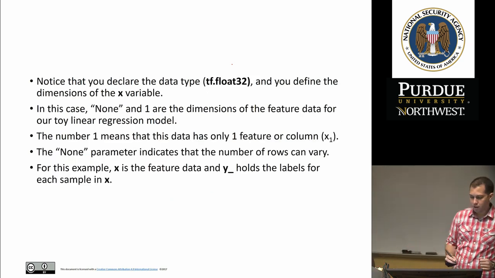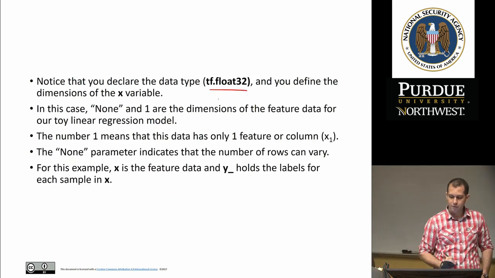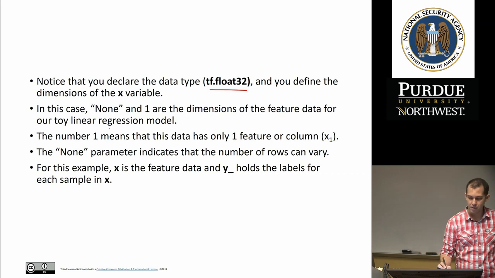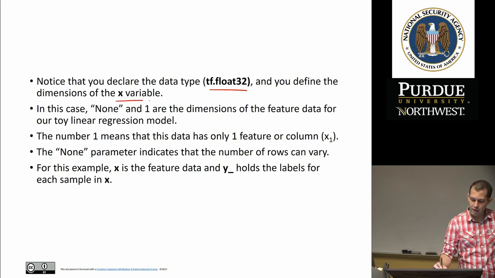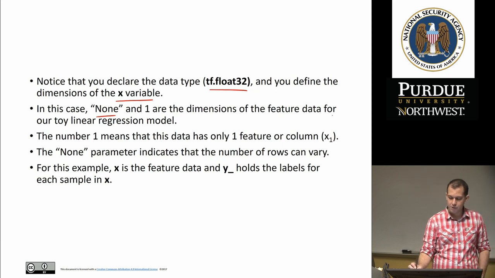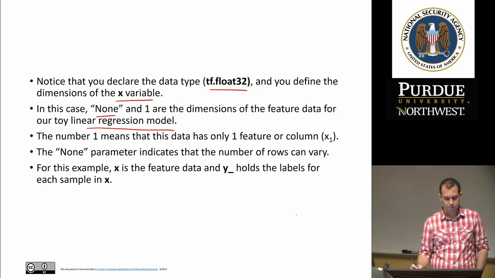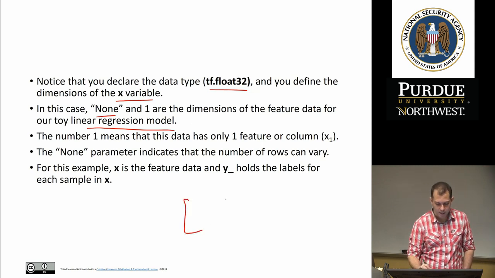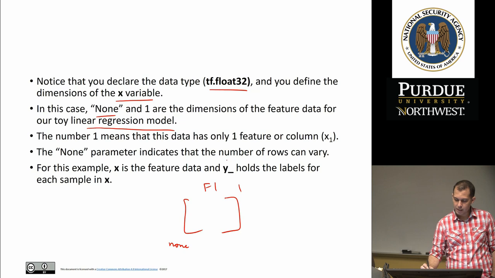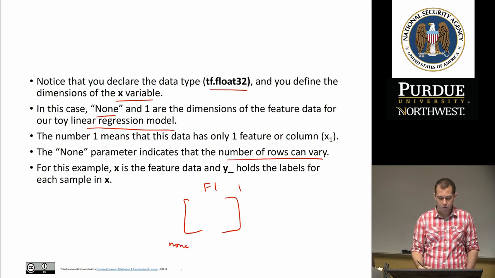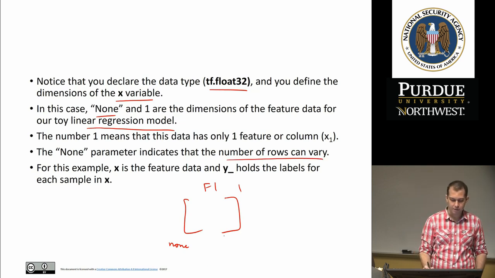Notice that you declare the data type, tf.float32, and you define the dimensions of the x variable. None and 1 are the dimensions of the feature data for our toy linear regression model. The number 1 means that this data has only one feature, or column. The None parameter indicates the number of rows can vary.